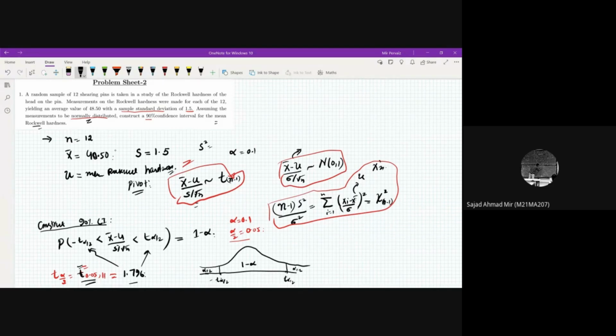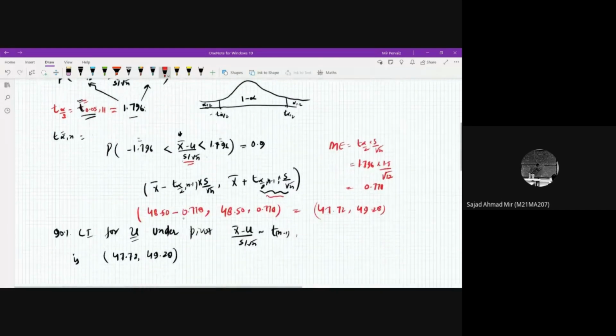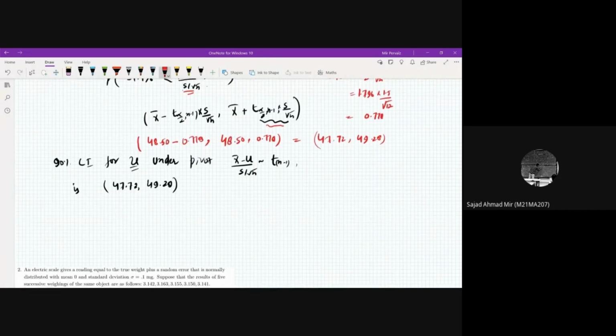So this is the quantity you were looking for, and for which you wanted the confidence interval. Is it clear? Any doubts in this question? In the other questions we will not go into detail, we will just do the calculations.